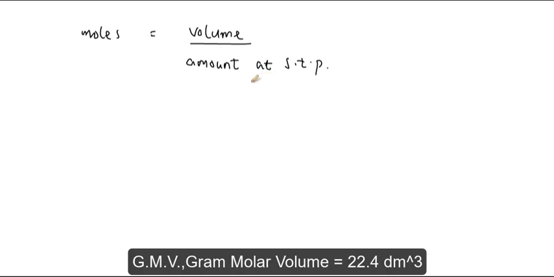To get the volume of carbon dioxide produced, so if we've gotten the number of moles of carbon dioxide that will be produced, then we can use the formula that says moles equals volume over amount at s.t.p. So at s.t.p now, the amount is the G.M.V given, that is the gram molar volume of the gas, which means the volume of 1 mole of a substance at s.t.p, and is given to be 22.4 dm³.